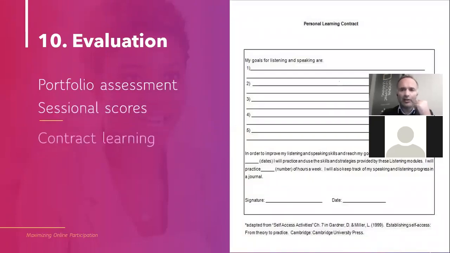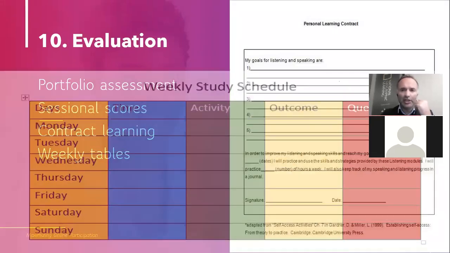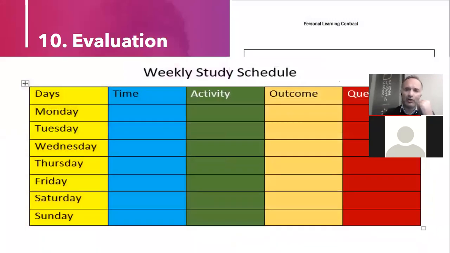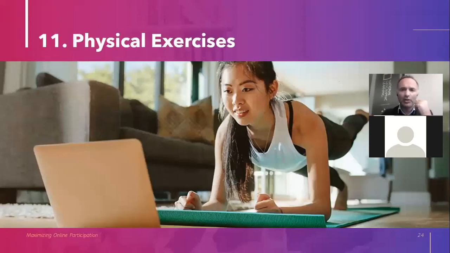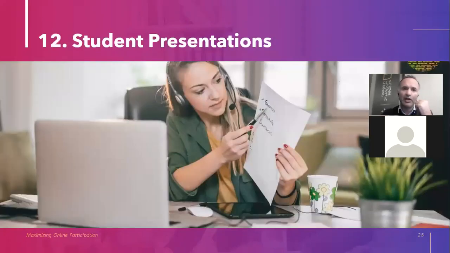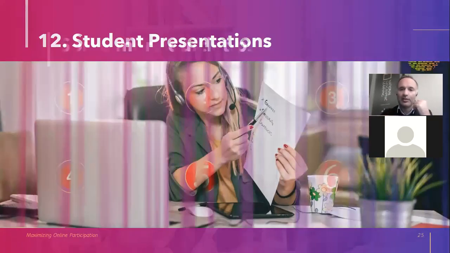Your evaluation and assessment systems should change. You should give your students more authority, more voice. Next one was physical exercise, which I'm not sure you're going to be able to do in your online classes. And finally, you get your students to present in a flipped classroom format, if possible.